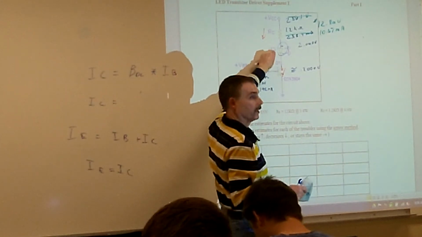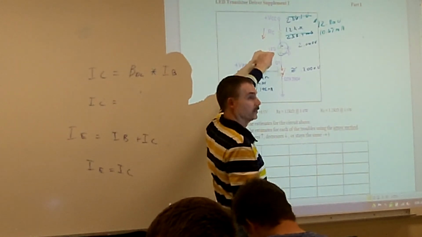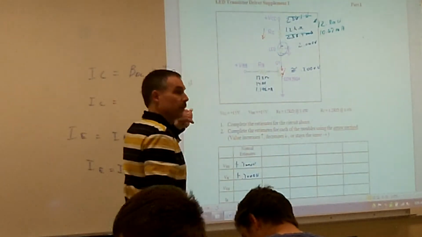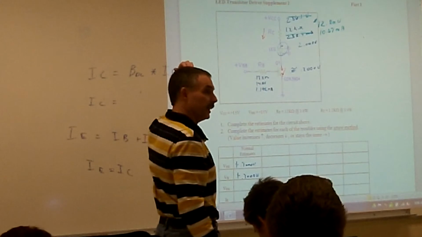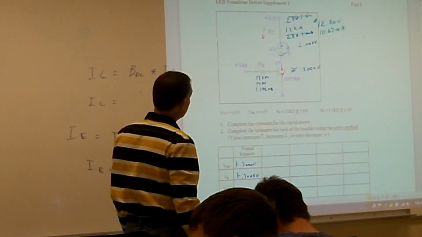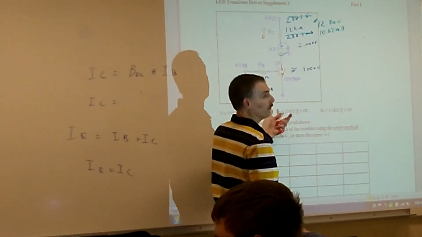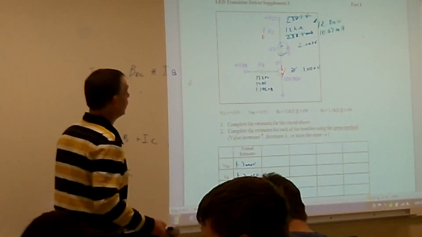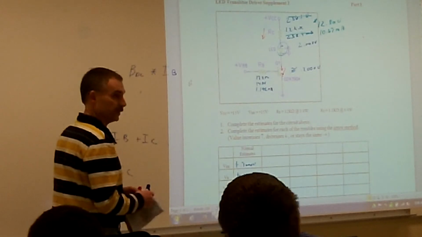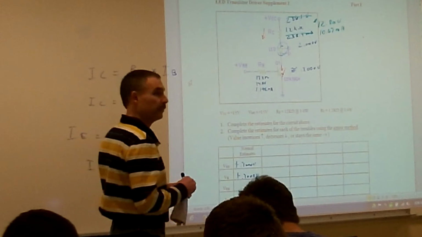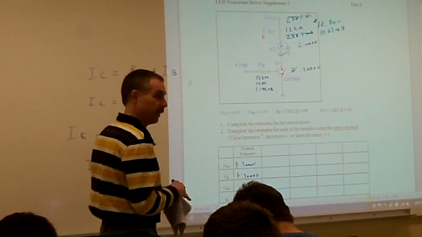Yep, the LED itself, the light emitting diode, is going to drop 2 volts. A diode would drop 0.7 volts. An LED would drop 2 volts. If it was a zener, it would drop whatever the zener voltage is. So depending on what type of solid state device it is will determine what that voltage is.